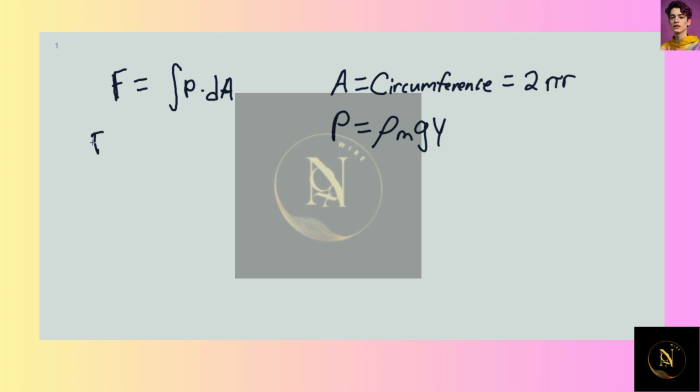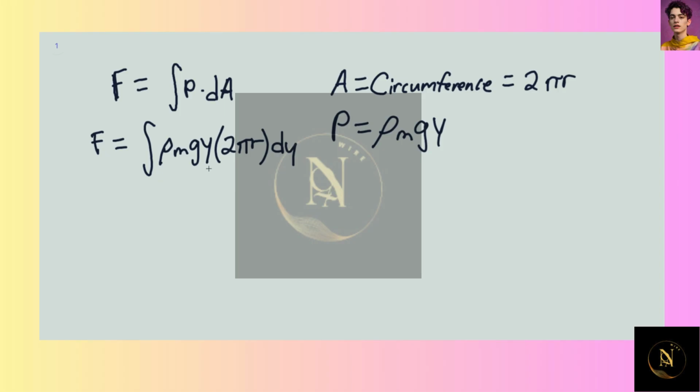We can say that F is now the integral of the density of molasses times the acceleration due to gravity times y, and then here we'll have 2 pi r, the circumference of that circle, or the outer ring, essentially one layer of the ring around the cylinder. And then we'll have dy, because we're trying to integrate this over the entire cylinder.